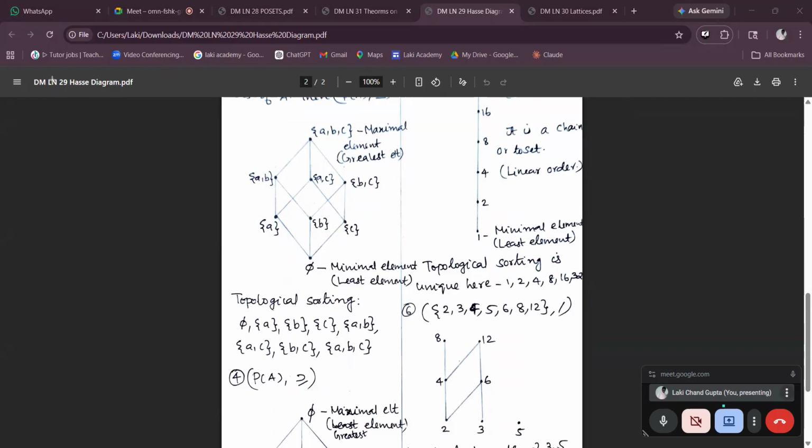Draw a Hasse diagram of the power set of A, P of A, and this is the subset relation, right?